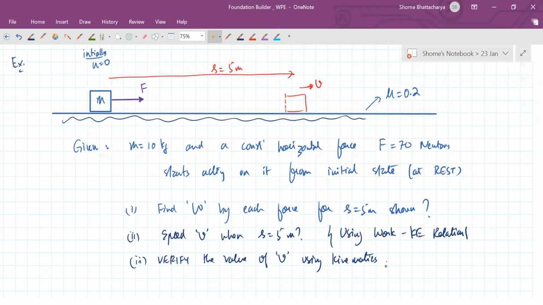Okay, so let's just try this out. Take the value of g as 10 meters per second square only.